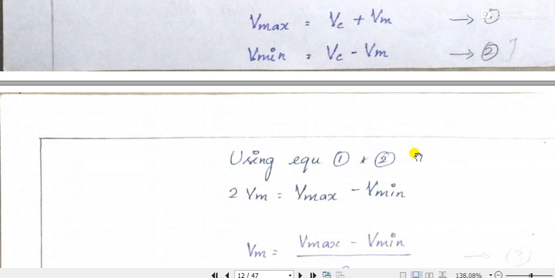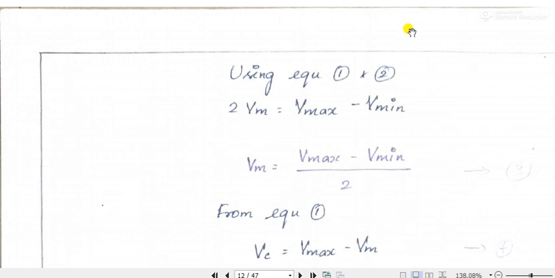We know the value of Vc and we need the value of Vm. Subtracting equation 1 and 2, we get 2Vm equal to Vmax minus Vmin. So Vm is equal to Vmax minus Vmin divided by 2.